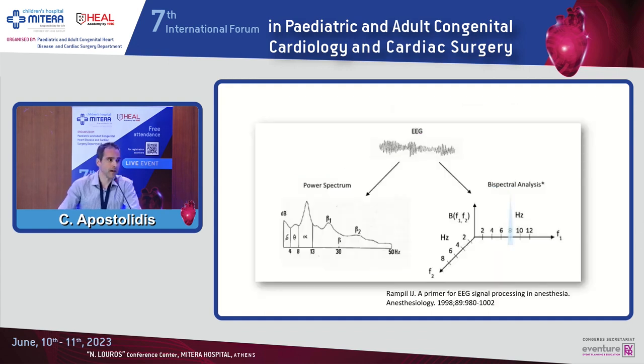So what the IT guys did is they took the EEG and they did a bispectral analysis. The net result was to get an index, just an index, a numerical index that would characterize a patient as being awake or asleep on a range of 0 to 100, 100 being awake, and 40 to 60 of a patient being under surgical anesthesia.